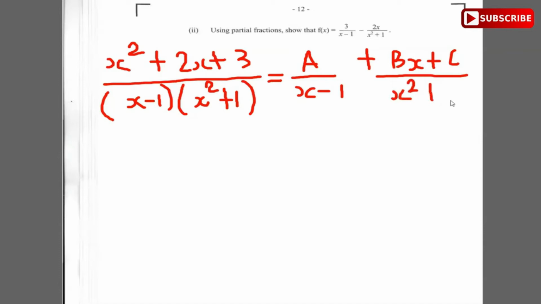Now all you have to do is find the common LCM. The common LCM is going to be, of course, x minus 1 times x squared plus 1.